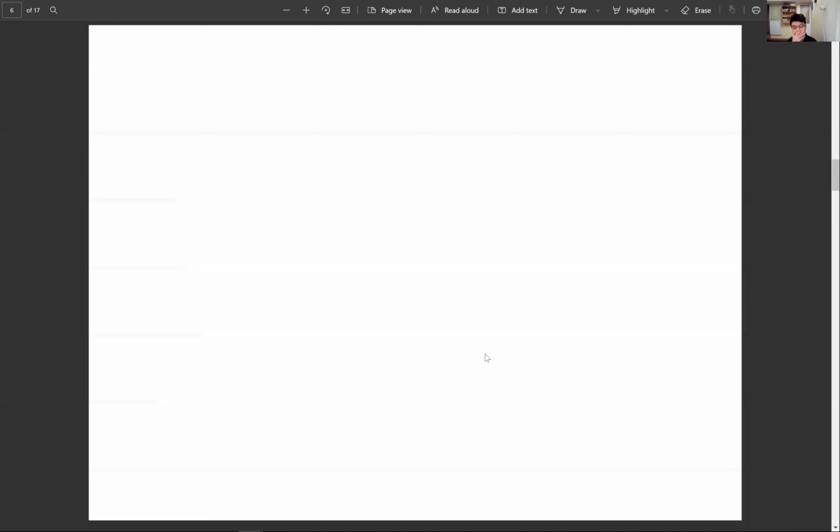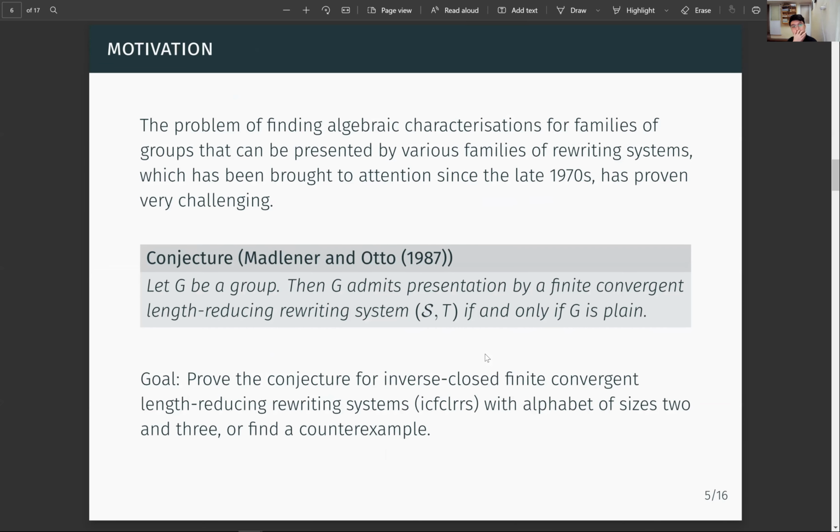Right, so now we move on to the motivation of the project. The problem of finding algebraic characterizations for families of groups that can be presented by families of rewriting systems has been brought to attention since the late 1970s, and has proven very challenging. And in 1978, Madlener and Otto, in an effort to solve this problem, made the following conjecture.